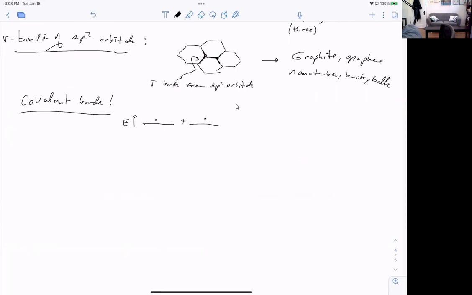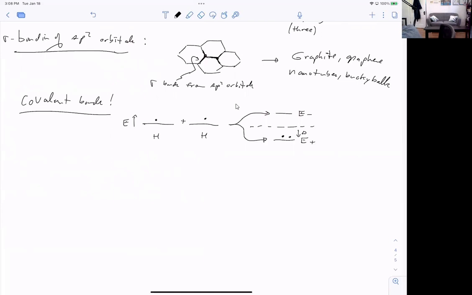They're at the same energy because they're hydrogen atoms, H and H. And then let's say they hybridize according to the quantum mechanics that we derived a few moments ago. And here I have the E minus, the anti-bonding level, and the E plus, the bonding level. Now, if I have two electrons, then these two electrons go here, and you can see that there's a lowering of energy. Clearly, the system has lowered in energy by 2 delta. You can just see that.